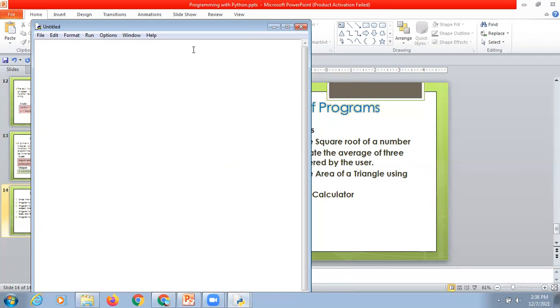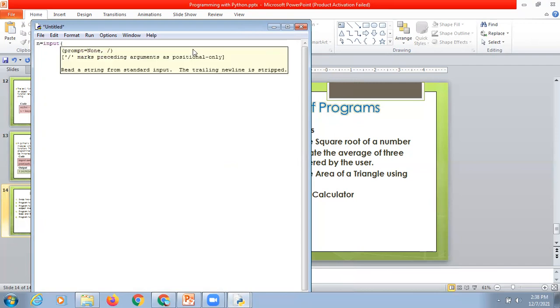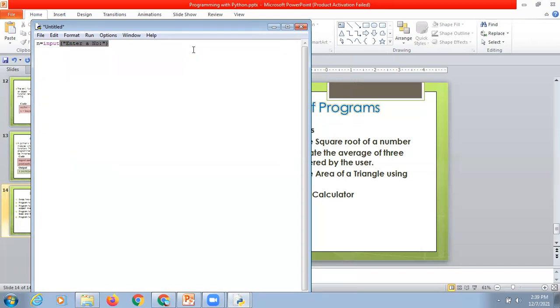So let's take a number from a user first. We will be storing it in n. N is a variable, n equals to input, enter a number. Now the number is stored in n. Now we have to calculate the square root.